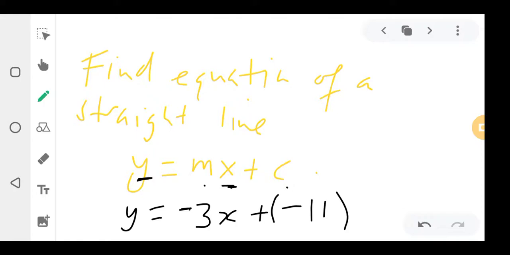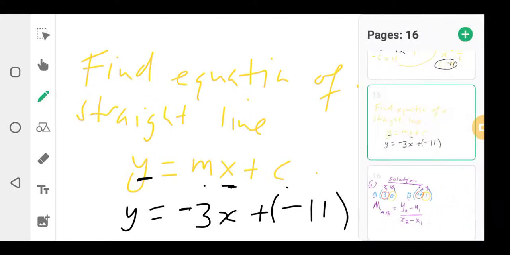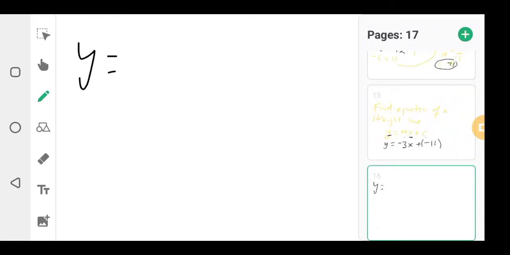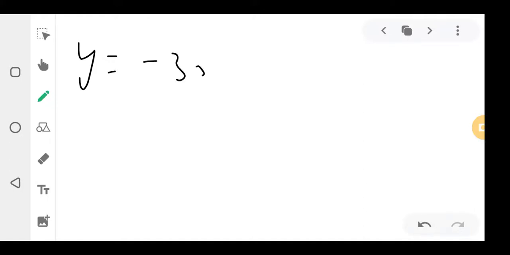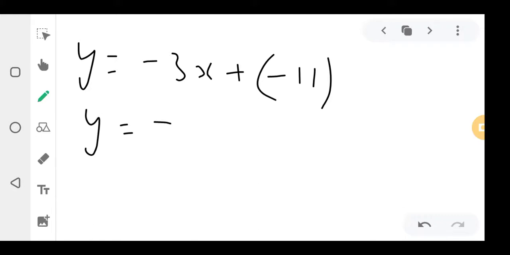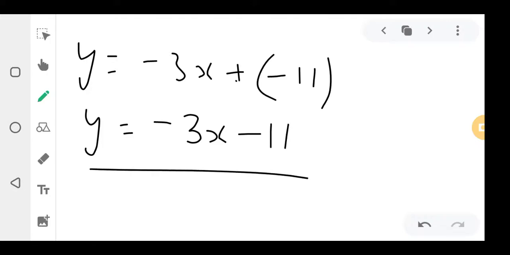Plus open bracket negative 11. So final equation will be y is equal to, we are continuing that same equation, negative 3x plus negative 11. So y is equal to negative 3x, this positive and this negative will form a negative, minus 11. So this will be the final equation. So that's how you do it.